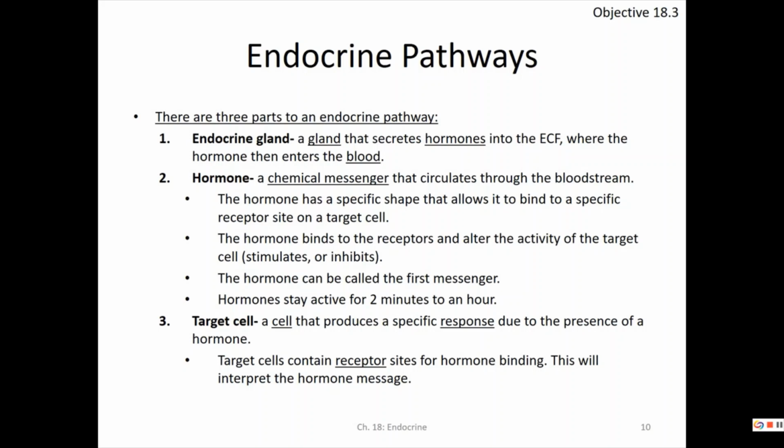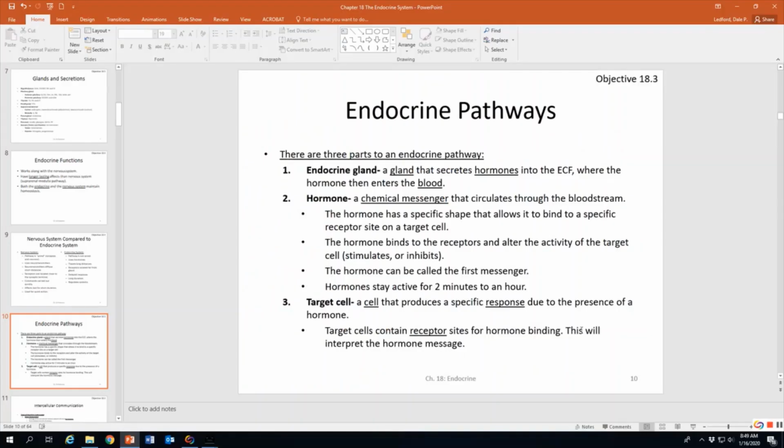If it is, it will bind to it, it will interpret the message from that hormone and say, this is what I need to do. This is the action I need to do because I got this hormone, okay? That hormone acts kind of like a message, like somebody leaves you a note saying, hey, while you're out, pick up a jug of milk, pick up a carton of milk, and you're like, okay, I'll do that.